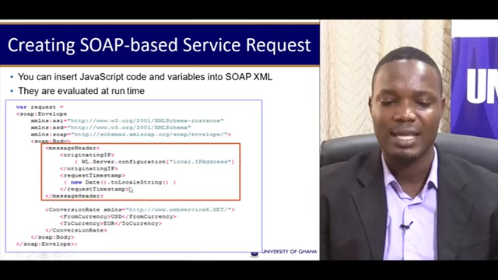So right there in your envelope, you can actually add JavaScript code. And here we can see WL.Server.configuration.local.ipaddress, all of which we are putting into our SOAP envelope, and that will get evaluated at runtime.